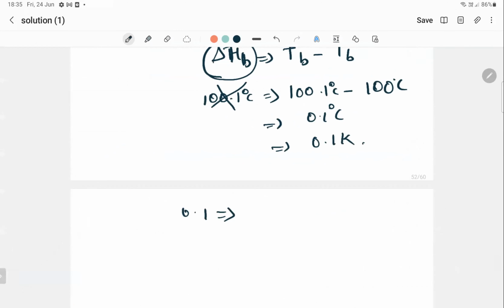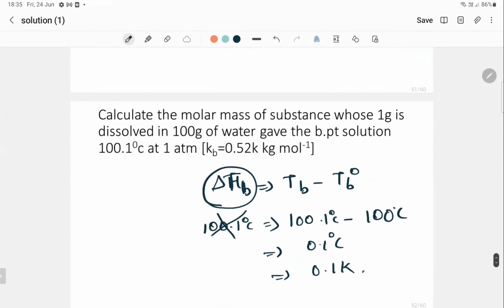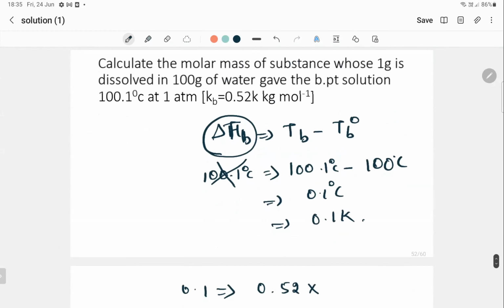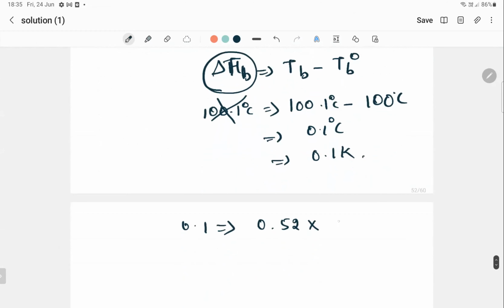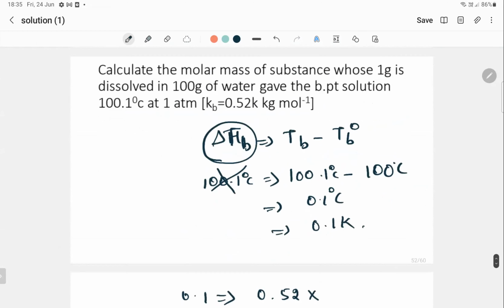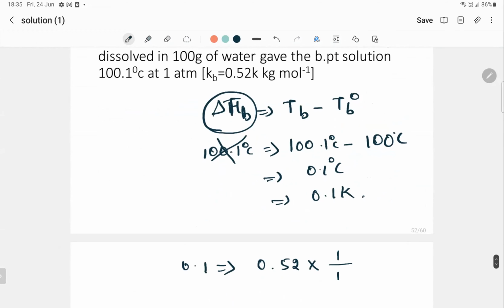So 0.1 into 0.52, okay, that's KB. What is the given mass? 1 gram, divided by the molar mass, which we don't know, into 1000 divided by 100.